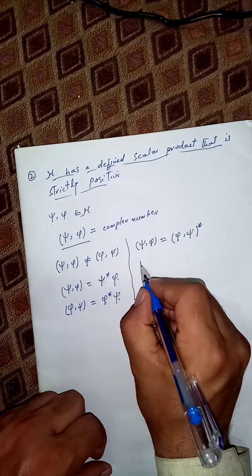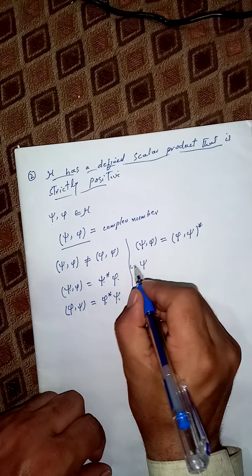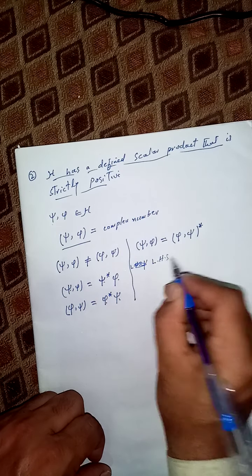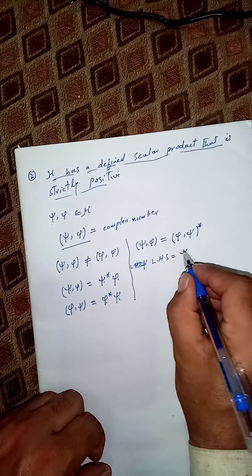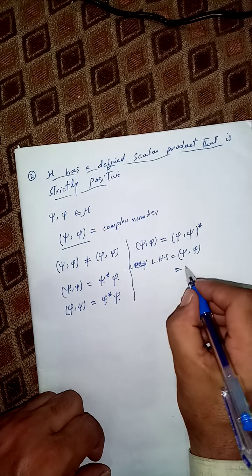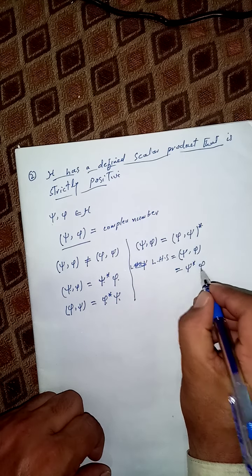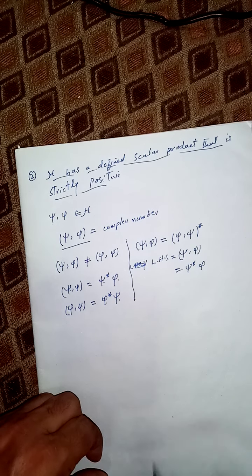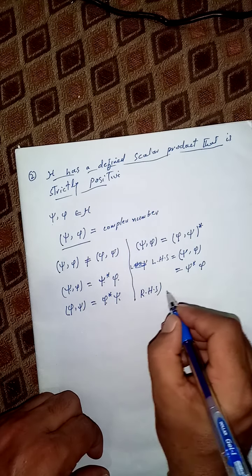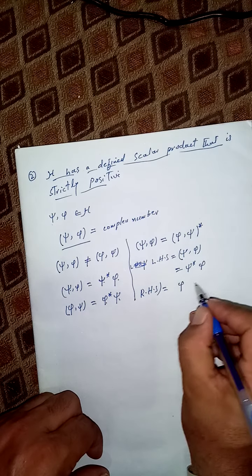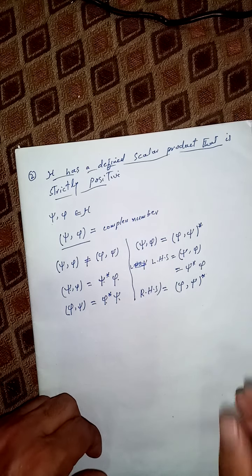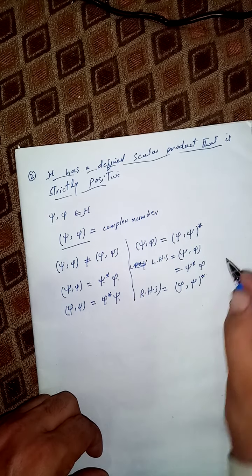As we know, taking the left hand side, which is psi over phi, this is equal to psi star phi. Now taking the right hand side, which is phi over psi star. Star means complex conjugate, okay?